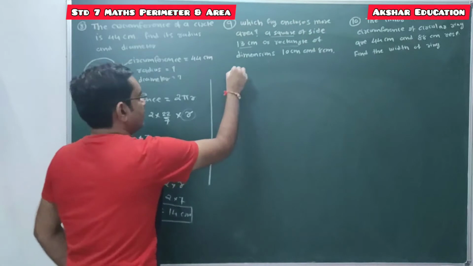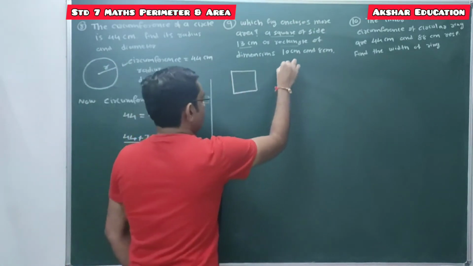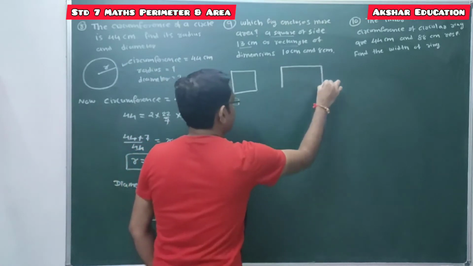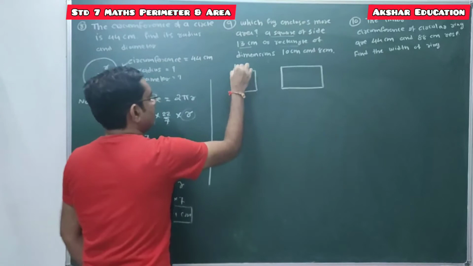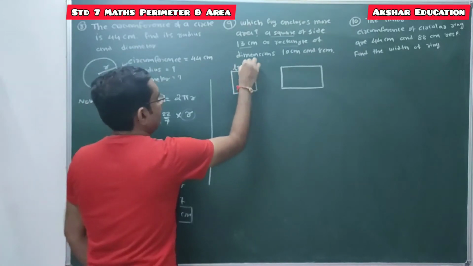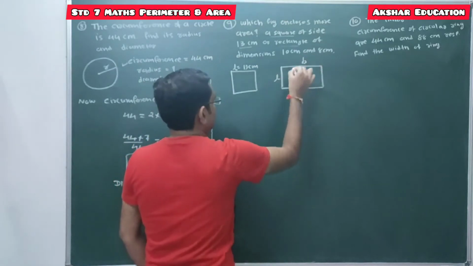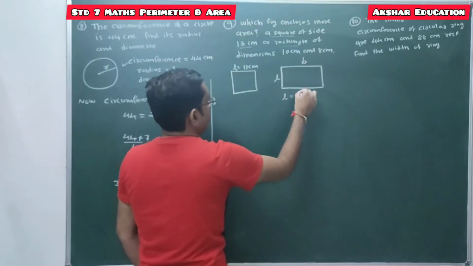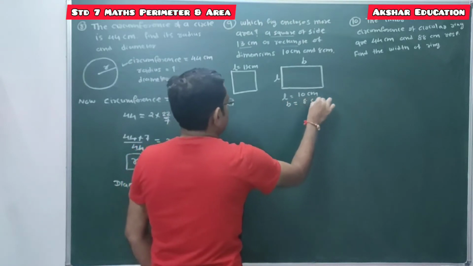Two figures are given, square and rectangle, and you have to find which figure encloses more area. For this square, the length of each side is 13 centimeter, and for this rectangle, the length is 10 centimeter and the breadth is 8 centimeter.